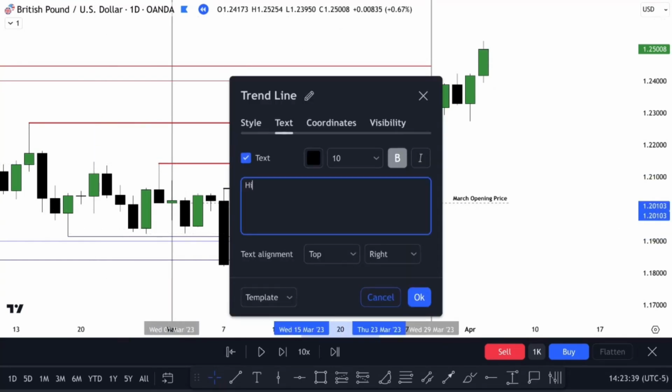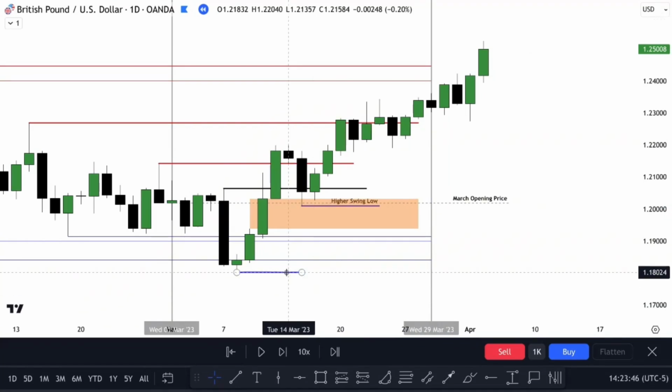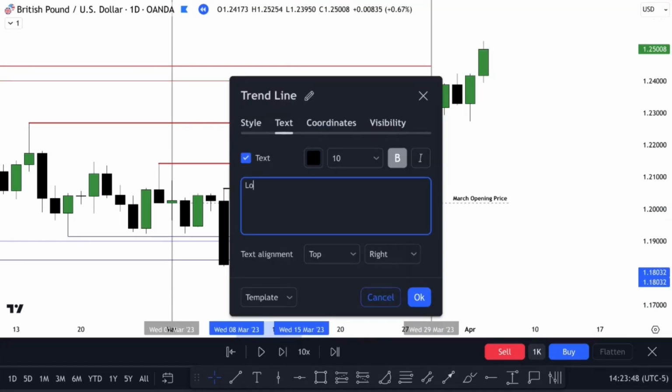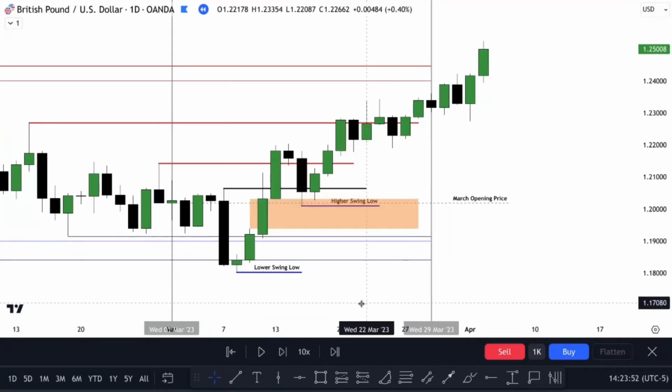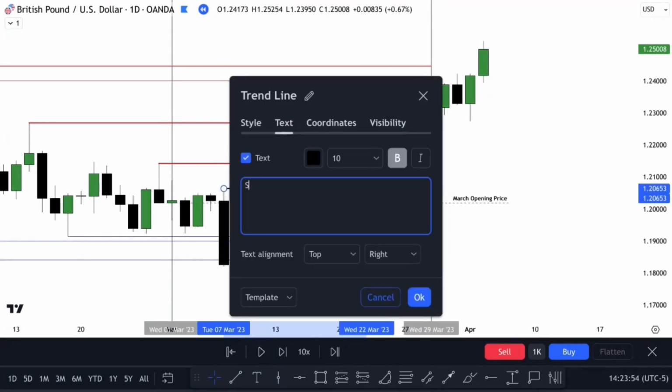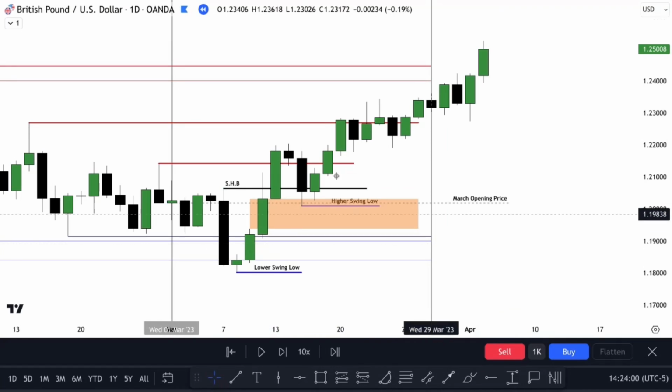We got a higher swing low. And this is a lower swing low. All with that swing high being broken. Swing high broken. We'll just abbreviate it there. And price continues to trend higher.